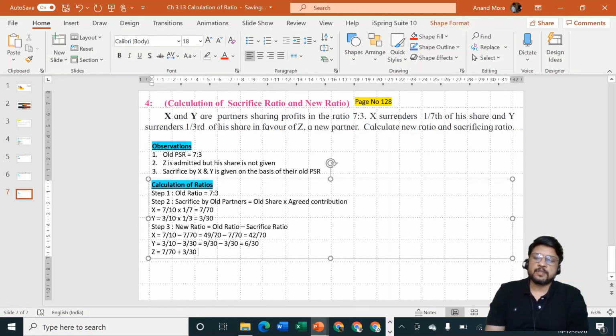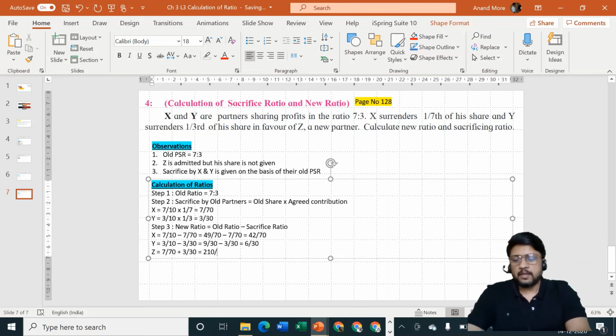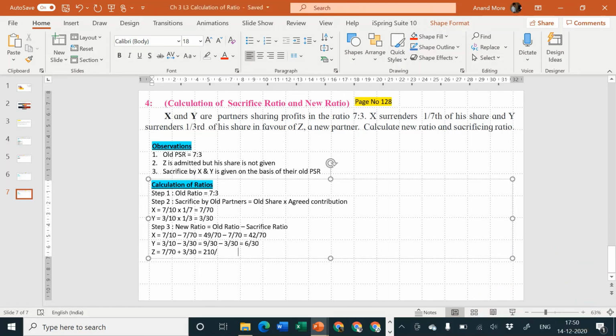How to calculate this now? So we can specify first one to be multiplied by 30 and second one to be multiplied by 70. So 7 into 30 is equal to 210 upon 70 into 30, which is 2100.